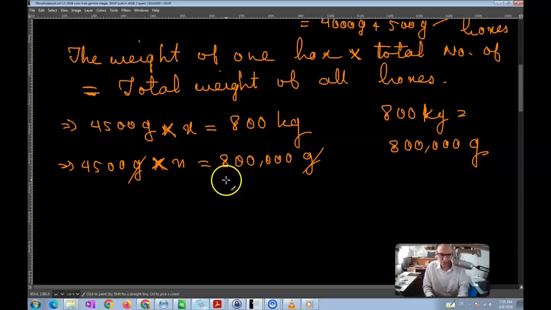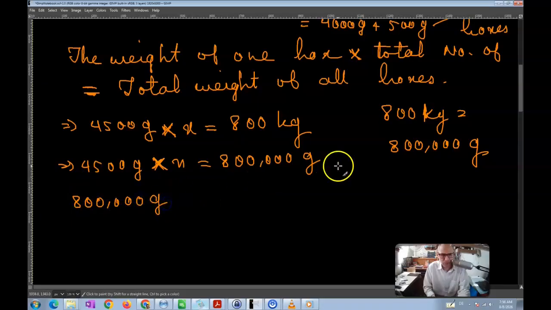Even if you do not simplify this, when you want to solve the equation, the gram and gram will automatically be simplified.